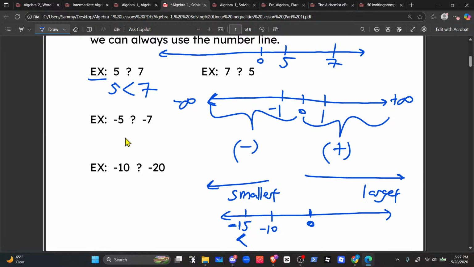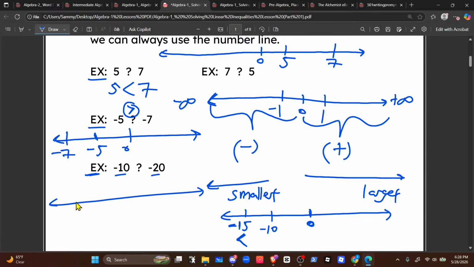Okay, so let's try this example. We have -5 and -7. And on the number line, we would have -7 here and -5 over here. And since -5 is to the right of -7, -5 is going to be greater than -7. Okay? How about this example? We have -10 and -20.